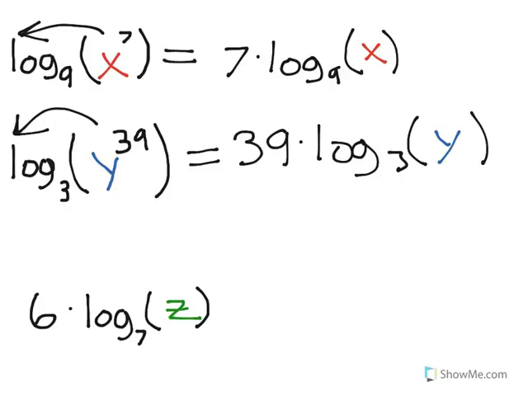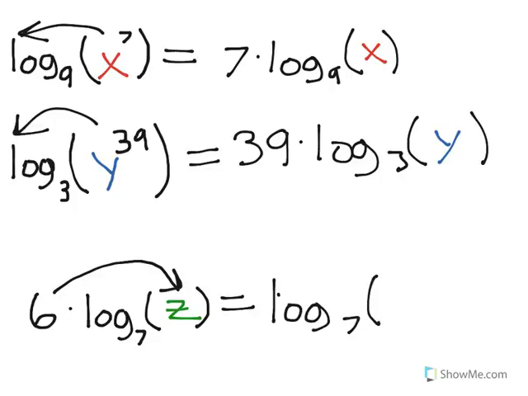Okay, now let's try it backwards for this third one. You bring the 6 back up to be the exponent of the z. So then you get log base 7 of z to the 6th. Good job.